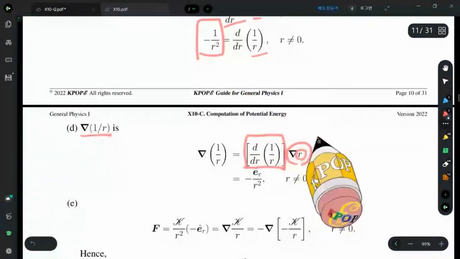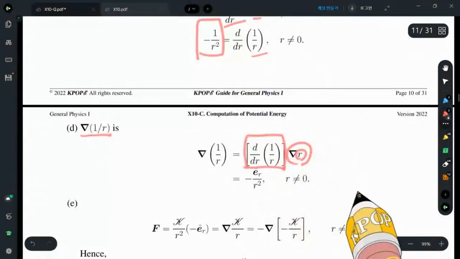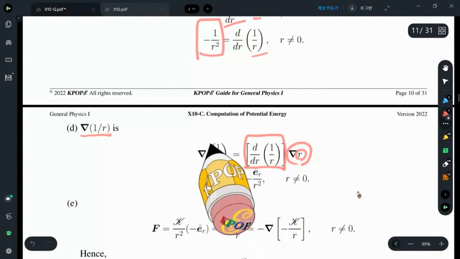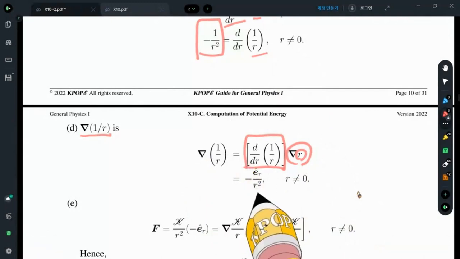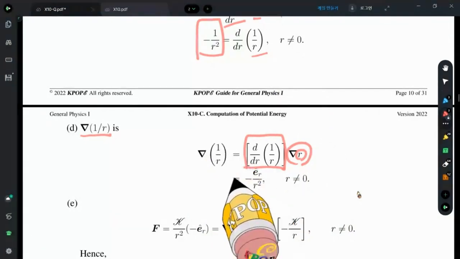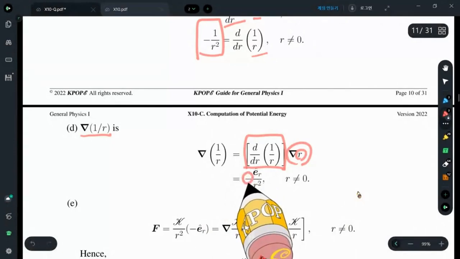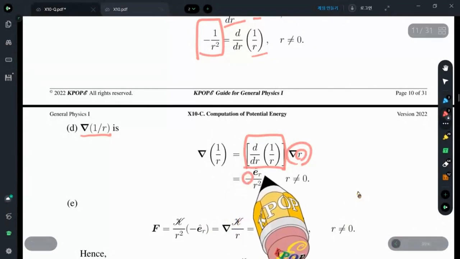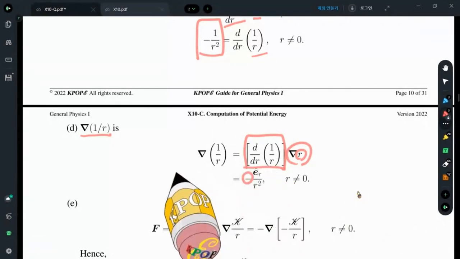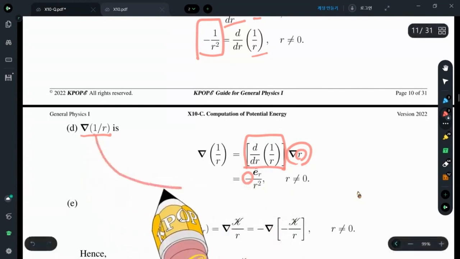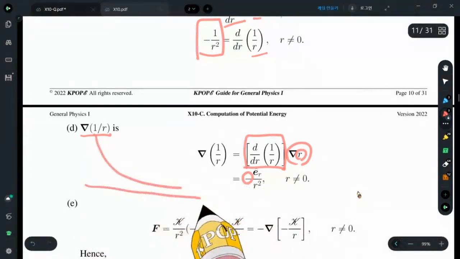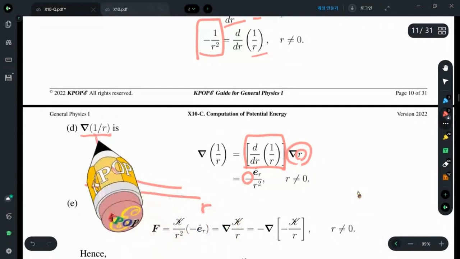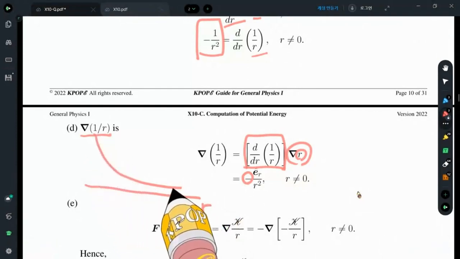So just to copy those results in here, I have found that the gradient of 1 over r is 1 over r squared, in the opposite direction to the unit radial vector. The reason is that 1 over r decays. As r increases, this 1 over r decreases.